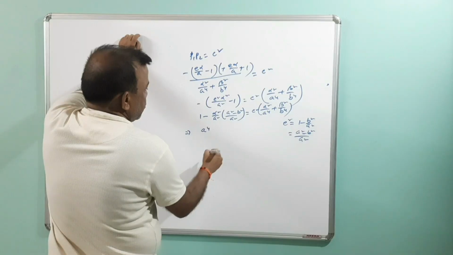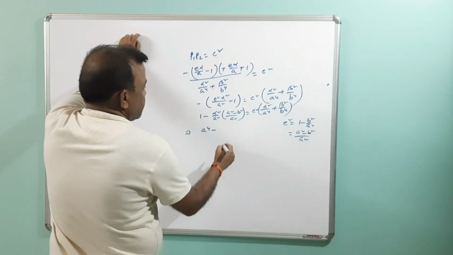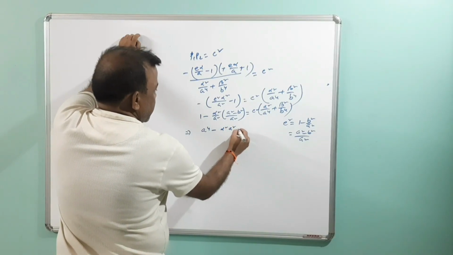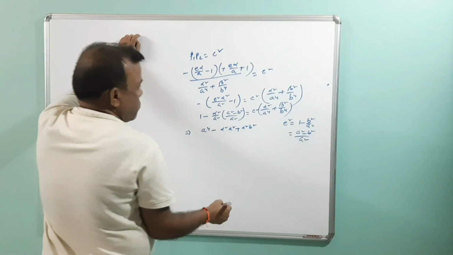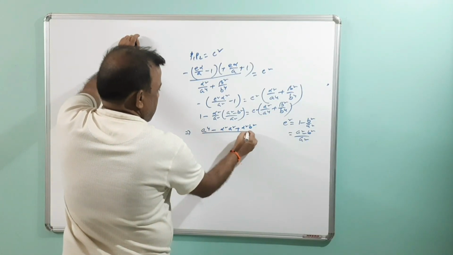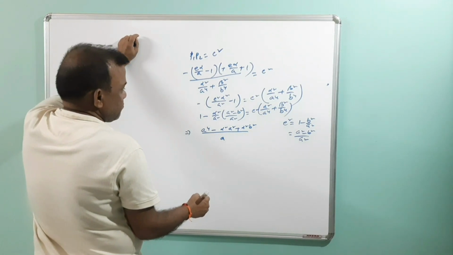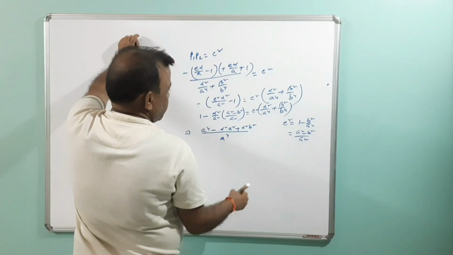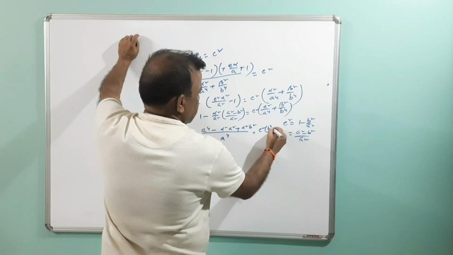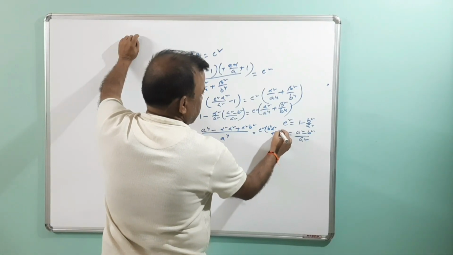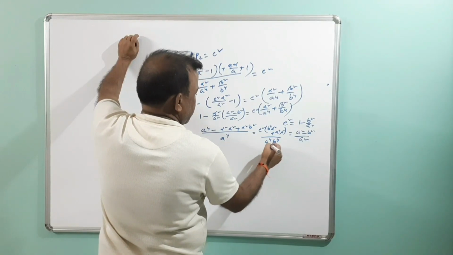a to the power 4 minus alpha square a square plus alpha square b square, by a to the power 4, equals c square b to the power 4 alpha square plus a to the power 4 beta square, by a to the power 4 b to the power 4.